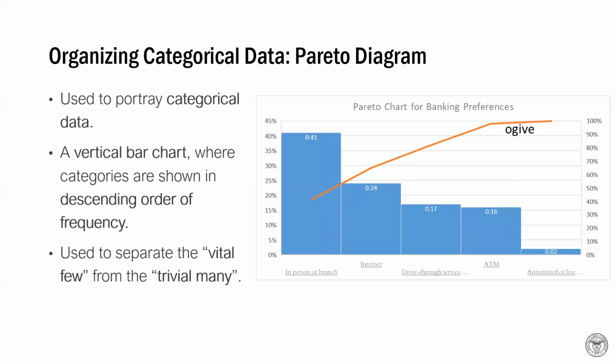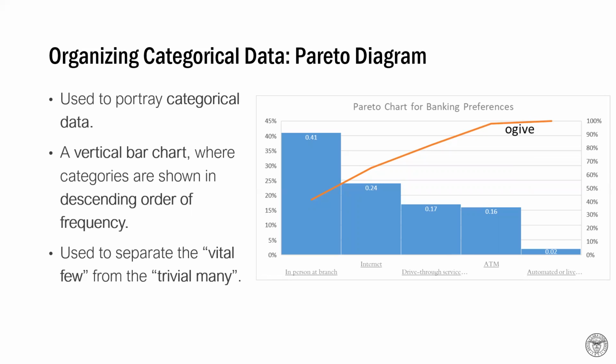In the previous bar chart, we did not sort those different categories. However, sometimes decision makers would like to emphasize the importance of those more frequent categories and to gain a sense of the accumulated percentage of multiple most frequent categories.